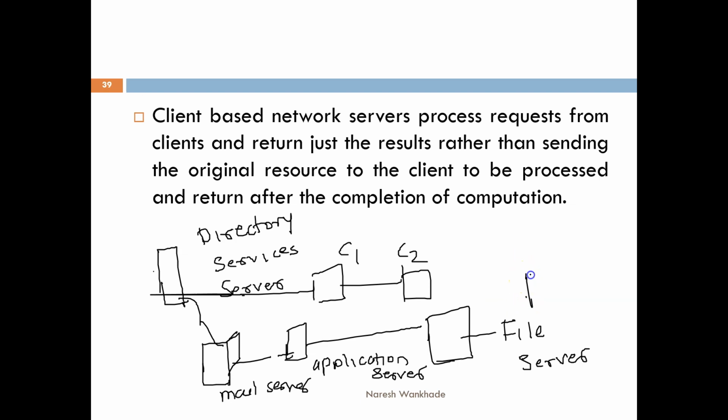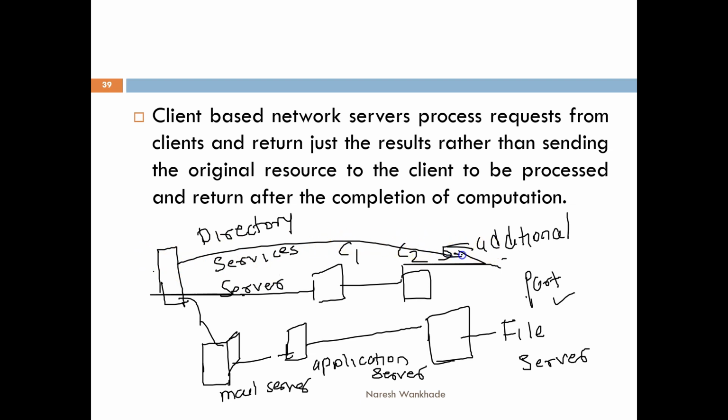Part of the data is processed at this side, the file server side, and it requests only additional resources or an additional part of the data from the directory server side.